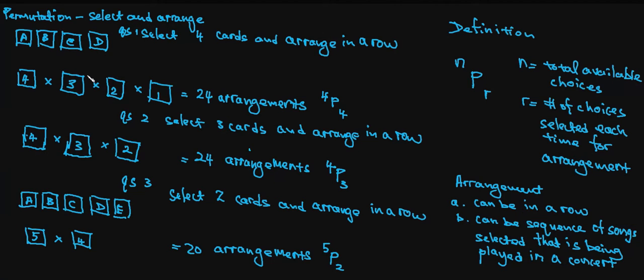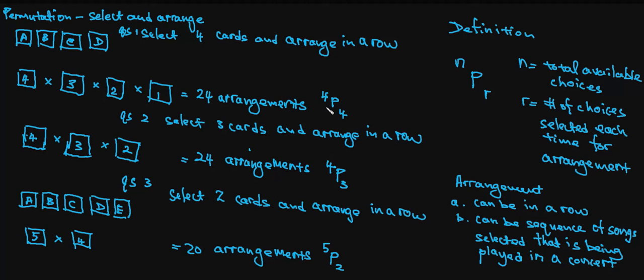With B, C, D, these are the variations you have. So if you put B here, the second choice, you also have 3 times 2, 6 variations. So for the first slot, there are actually 4 possibilities. That's why it's 4 times 3 times 2 times 1, so there are 24 arrangements. How do you represent this?